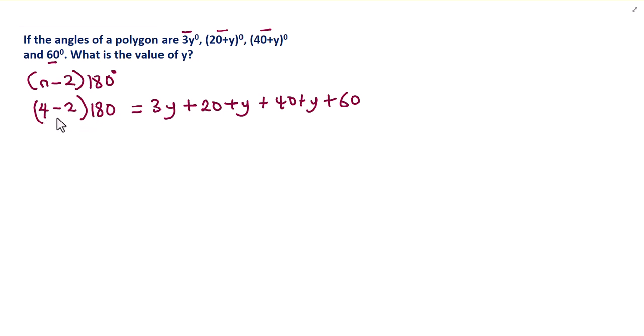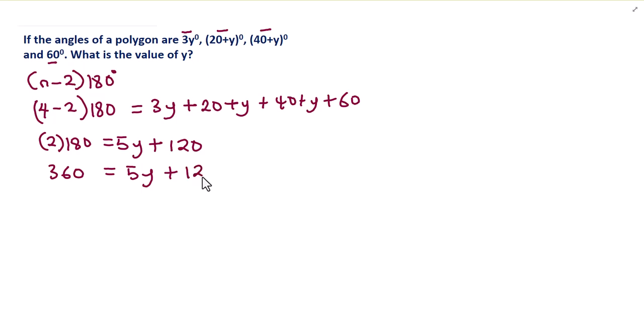So here we have 2 multiplied by 180 is equal to 3y plus y is 4y, plus another y will have 5y. So 5y plus 20 plus 40 is 60, plus 60 is 120. 2 times 180 is 360. So 360 is equal to 5y plus 120.